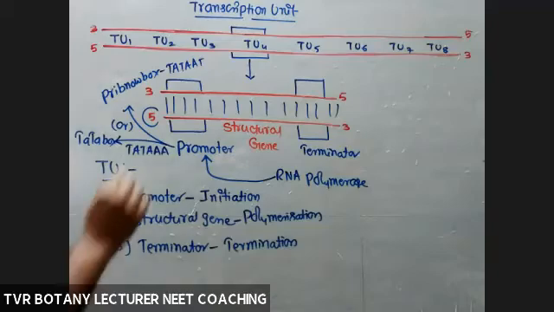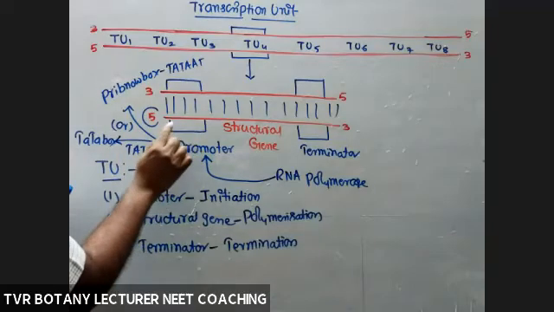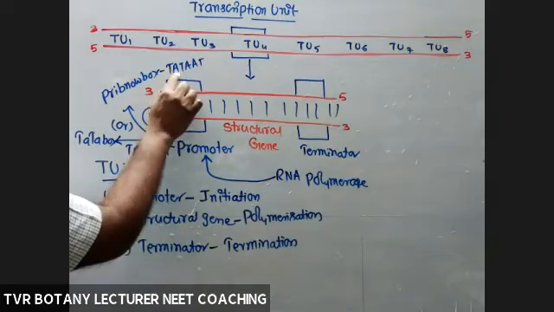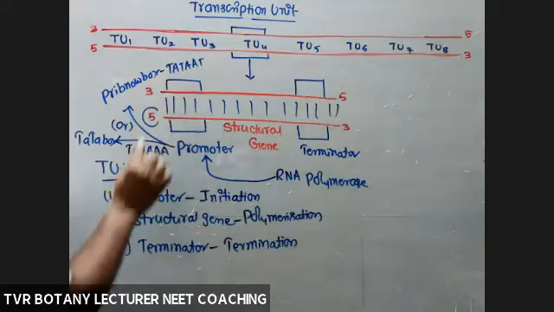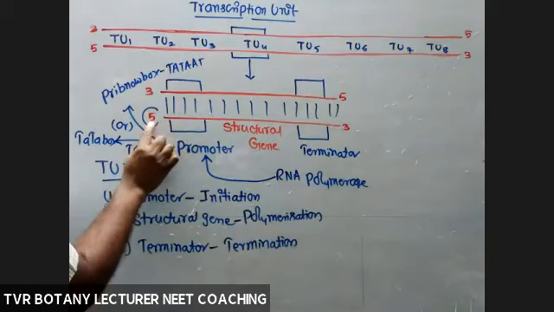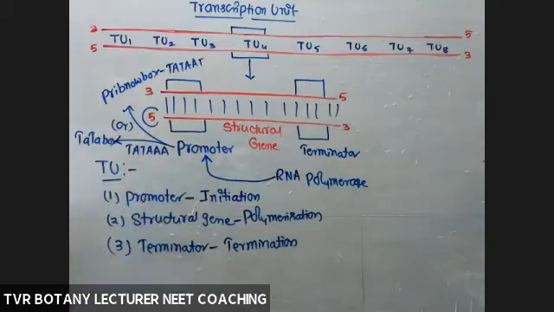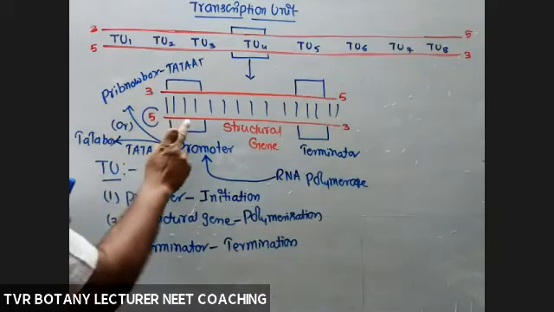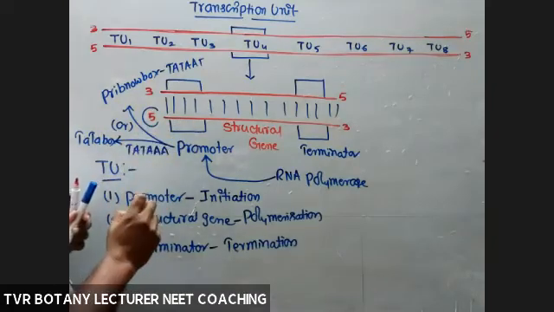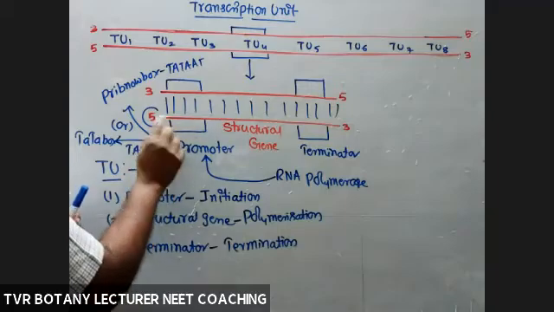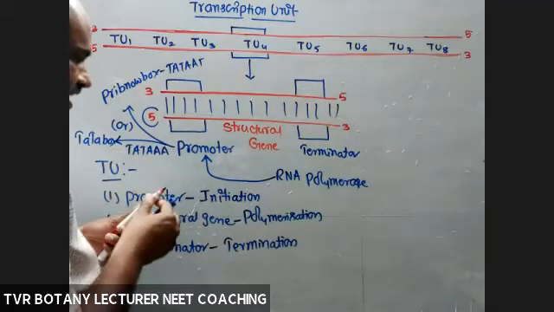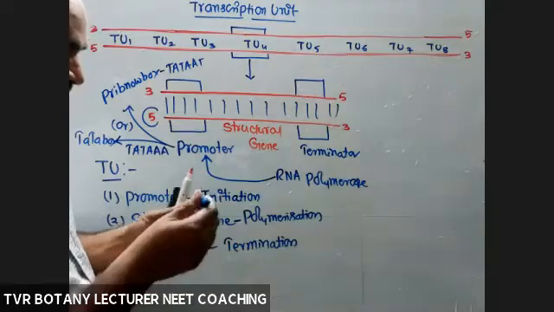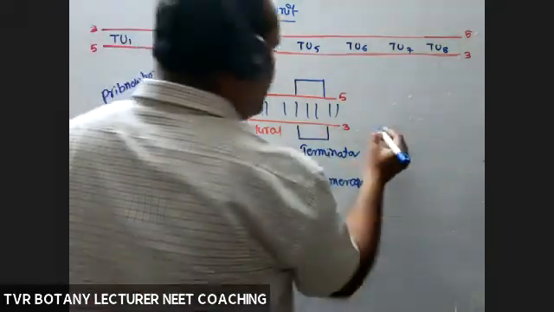Either the TATA box or the Pribnow box is towards the upstream of that strand. If the promoter is towards the upstream of a strand, that strand is called the coding strand.